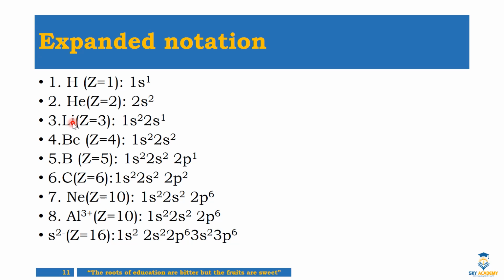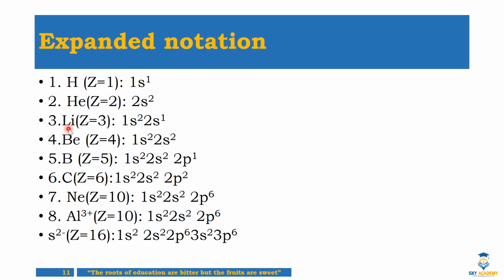But here there is a mistake. Cannot jump to 2. Here it is 1. So this is a mistake. Here we put 1s2. Here we have 1s1 because it is 1 electron. Here we need to put 1s2.